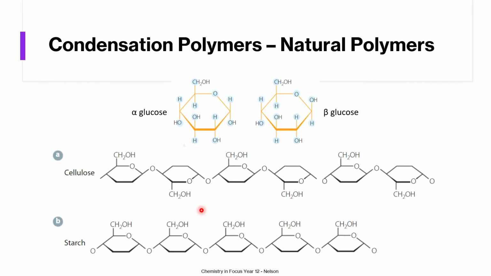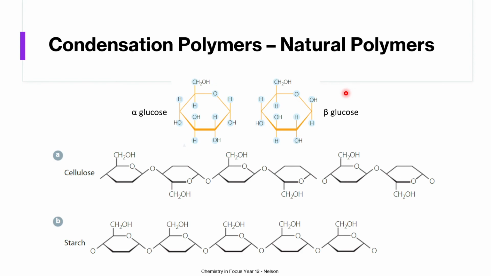So while this isn't a massive part of our Module 7 syllabus, I did also want to highlight some natural polymers. For plants in particular, polymers that are formed come from glucose, which it produces via photosynthesis. Now, there are two isomers of glucose, alpha glucose and beta glucose.